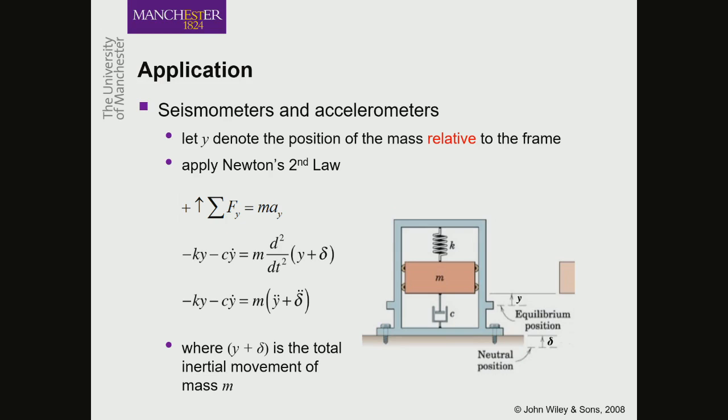And here, what you see is a simplified schematic of a seismometer, for example. Of course, in real-life applications, they probably look much more sophisticated, but the working principle is that.